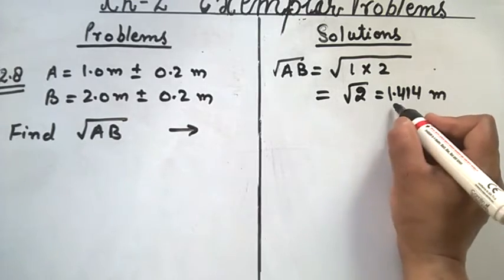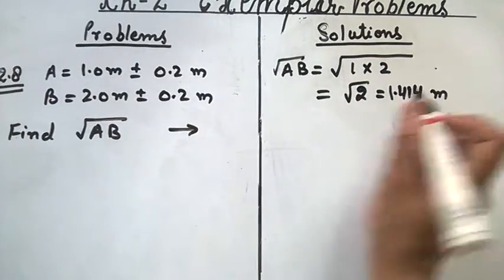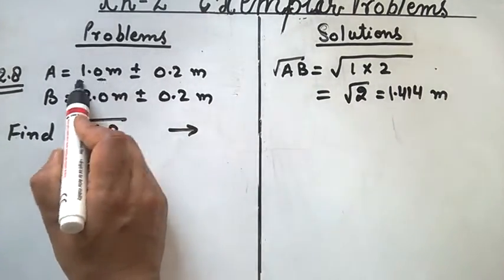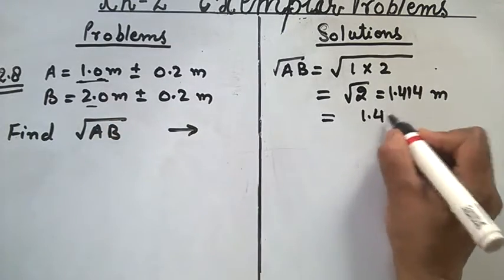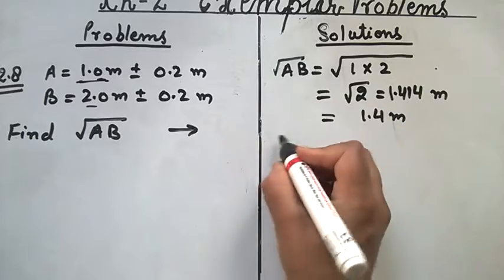So round it off up to 2 significant digits, that is 1.4 meter is the answer of the true value.